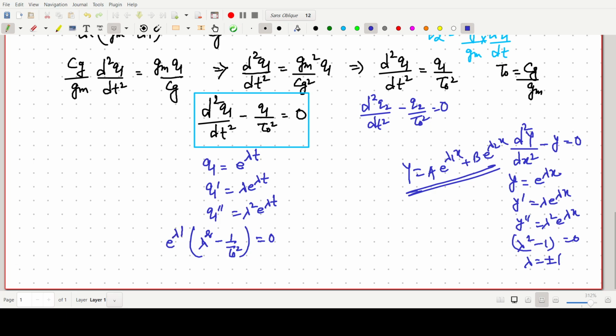So now from this equation we can find the value of lambda is plus minus 1 by tau naught.